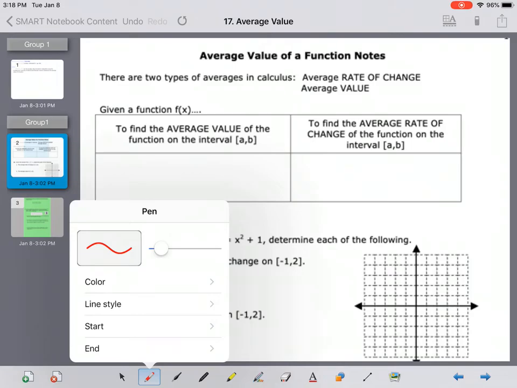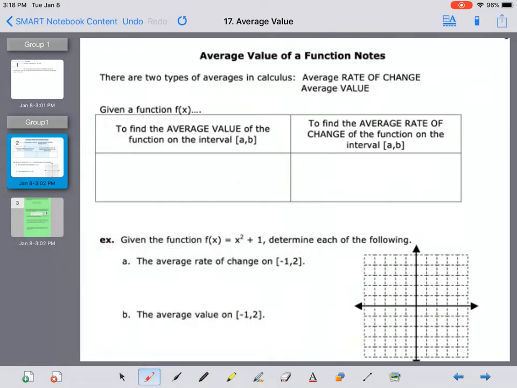Given an interval from A to B, remember both of those are x values, we use that formula m equals our slope formula, which is our y2 minus our y1. Remember, that's just formal mathematics to say y2 minus y1 over x2 minus x1.